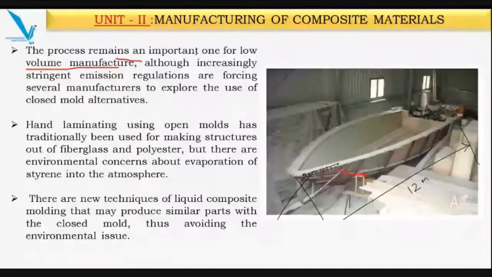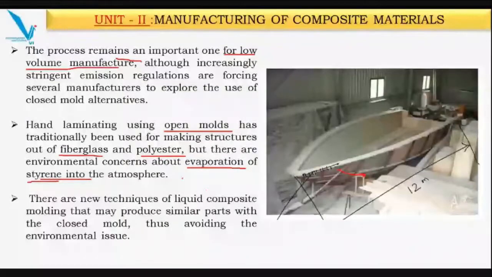Hand laminating using open molds has traditionally been used for making structures out of fiberglass and polyester, but there are environmental concerns. If you use thermoset resin, it is an exothermic process, and gases evaporate from this process and are released into the atmosphere. If the workers are directly coming into contact with this, it is a health hazard.